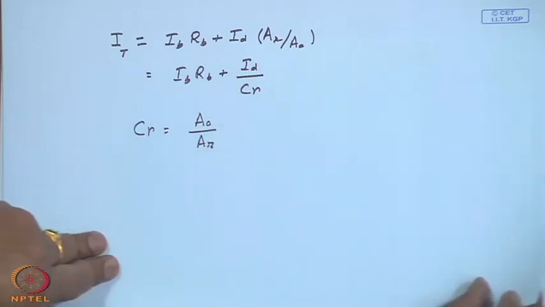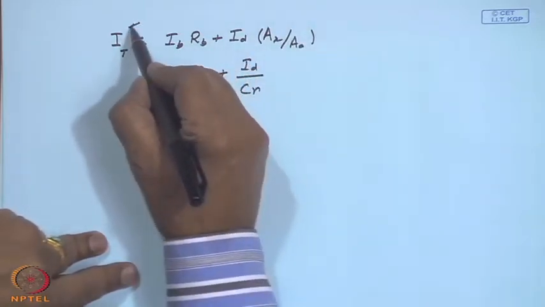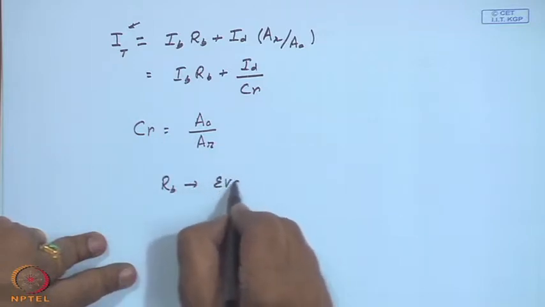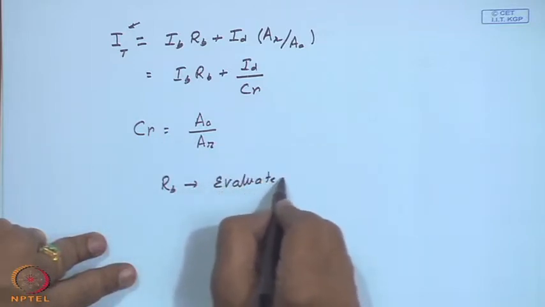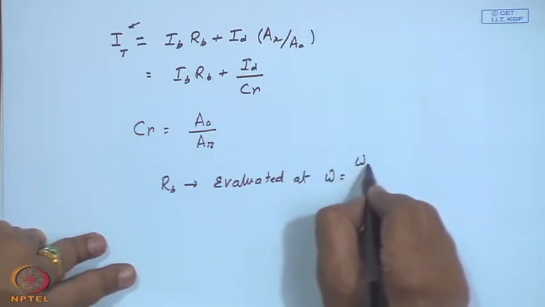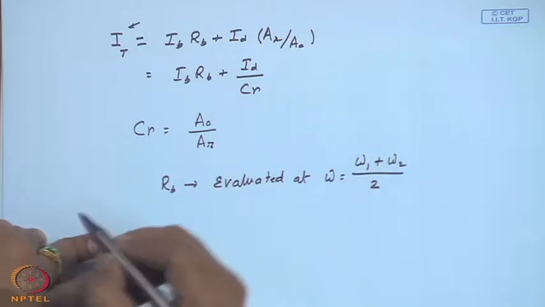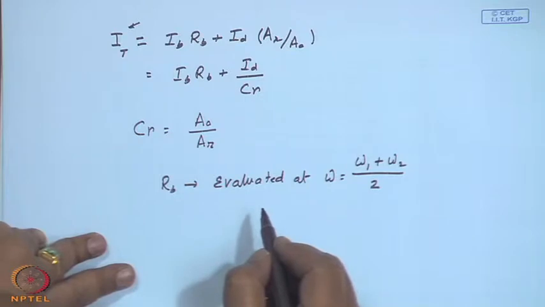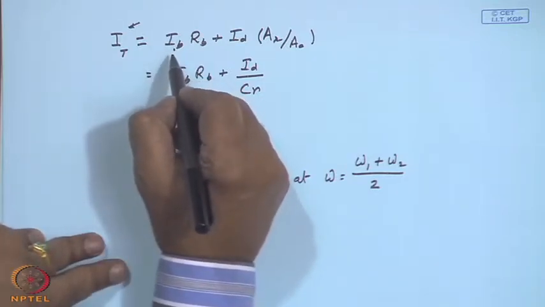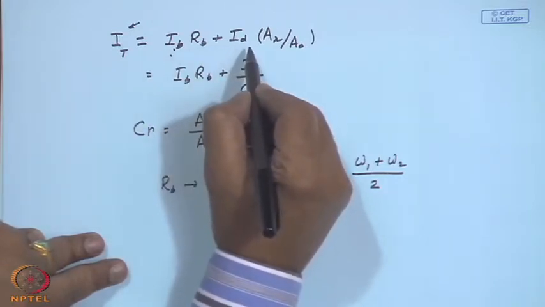Right. So, this is for any instance which we normally use for a period of 1 hour, and RB being evaluated as we have done for flat plate collectors at the midpoint of the hour characterized by the 2 hour angles omega 1 and omega 2 by 2. Okay. And IB is the solar direct radiation on a horizontal surface, and ID is the diffuse radiation on a horizontal surface.